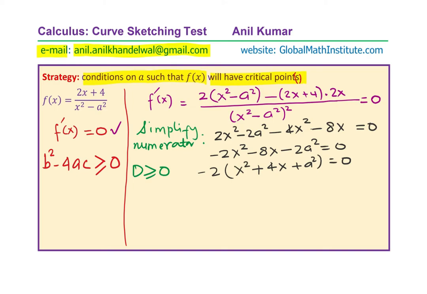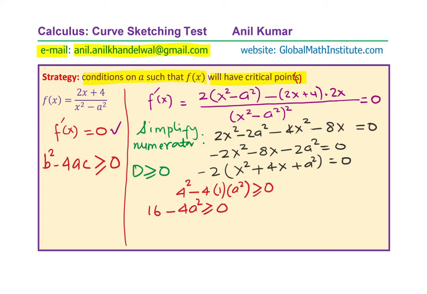In that case, b is 4 for us, a is 1, and c is a squared. So b squared minus 4ac will be what? So we are looking for 4 squared minus 4 times a is 1 and c is a squared. We want that to be greater than or equal to 0. Perfect. So that is 16 minus 4a squared to be greater than or equal to 0.